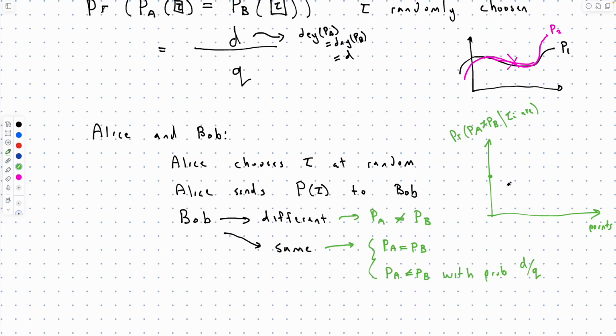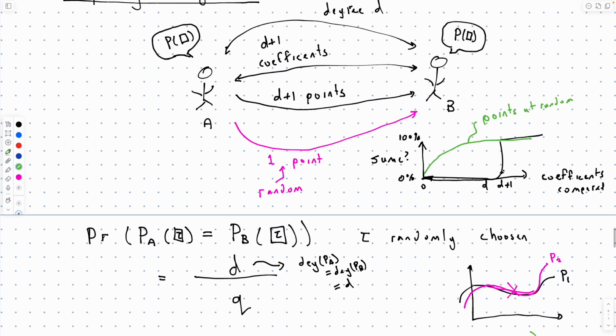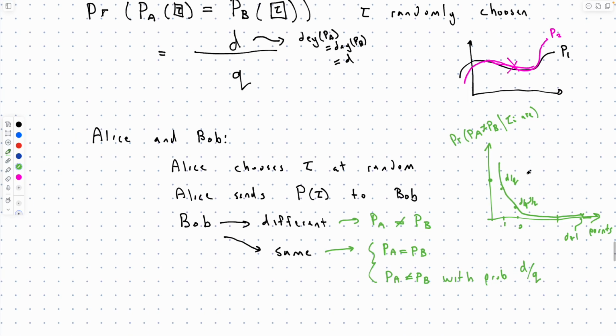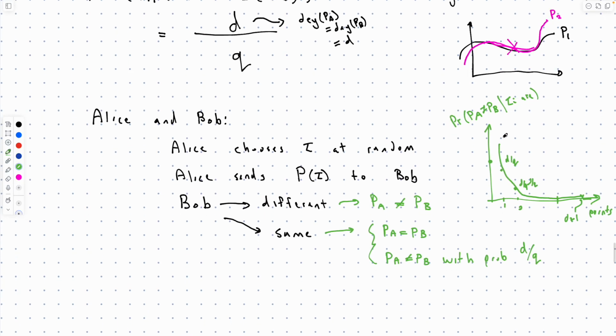If I send the first point, the probability is D over Q. With a second tau, the probability is D over Q times D over Q, or D over Q squared. Then it goes down to 0, and it will literally go to 0 at D plus 1, as we had here. So at D plus 1, I'm very certain that there's no way you can continue to trick me.